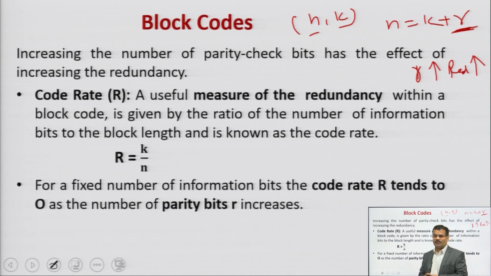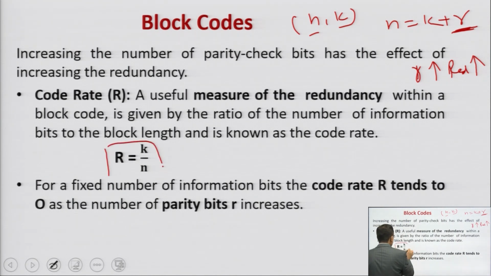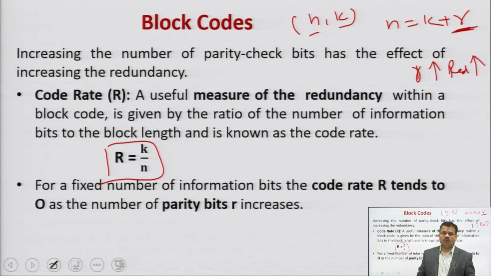Code rate is a parameter for the block code that is useful for measuring redundancy within a block code. It is the ratio of k by n, that is, the ratio of the number of information bits to the block code word length, and this is called the code rate, k by n.